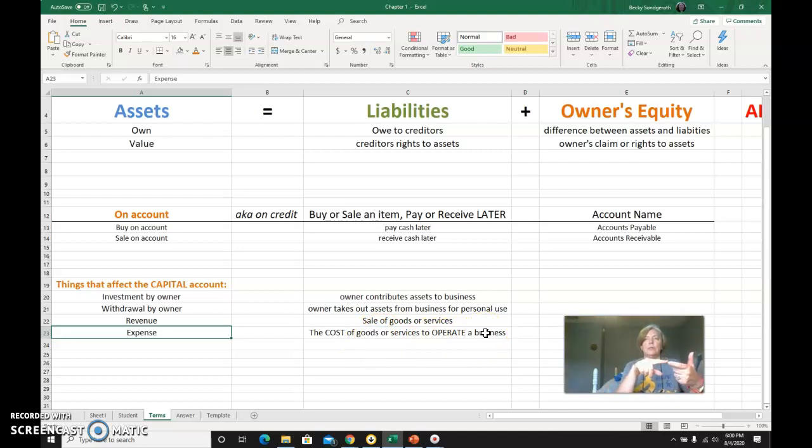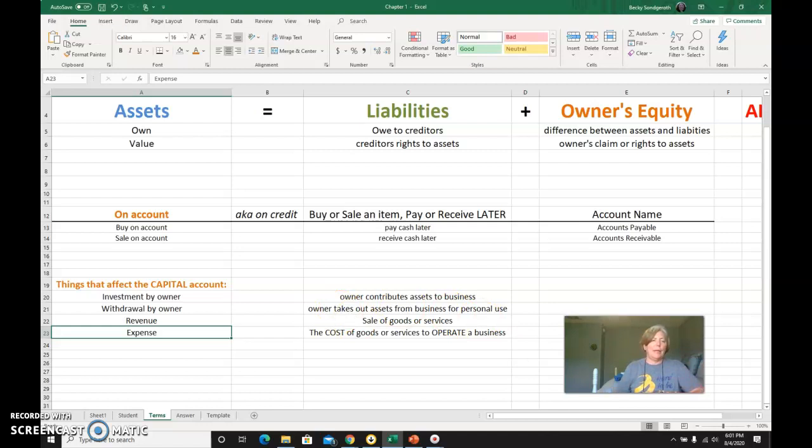So costs associated with advertising, costs associated with hiring people and paying them, costs associated with paying taxes to different government entities, costs for paying the bank for having an account, costs for actually buying the merchandise that you're going to sell down the road. That is my cost of operating the business. The phone lines, the electricity, the utilities, etc.